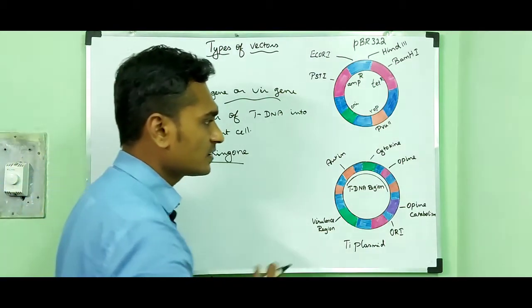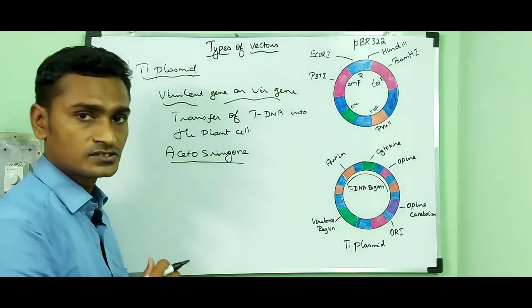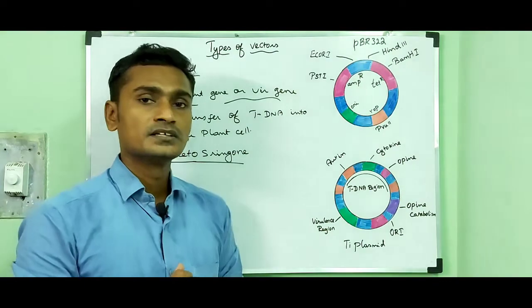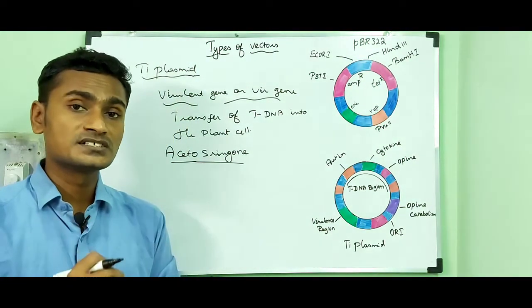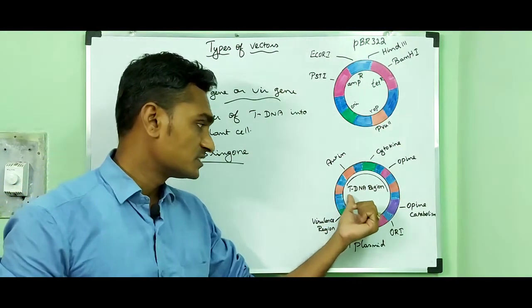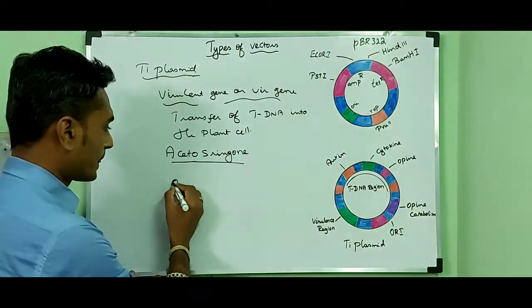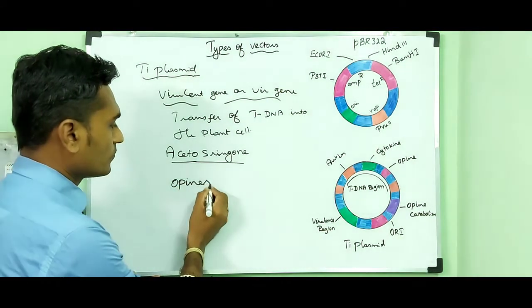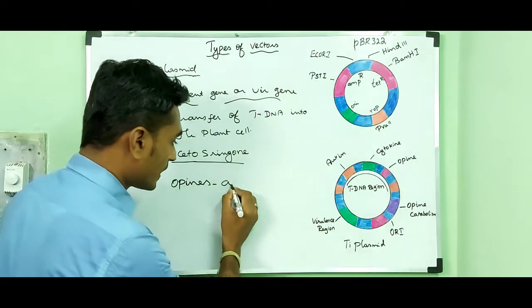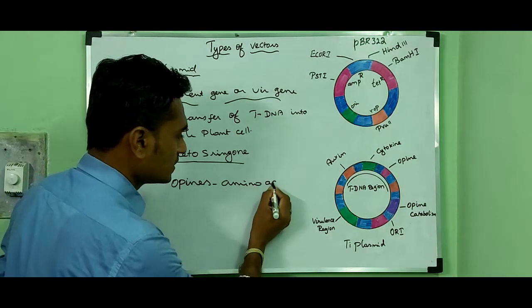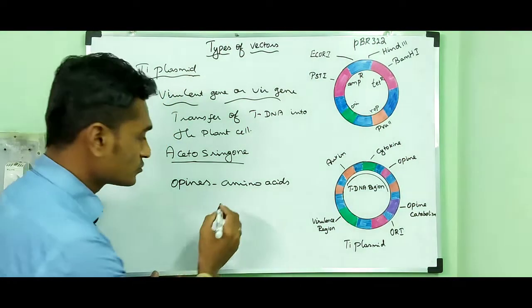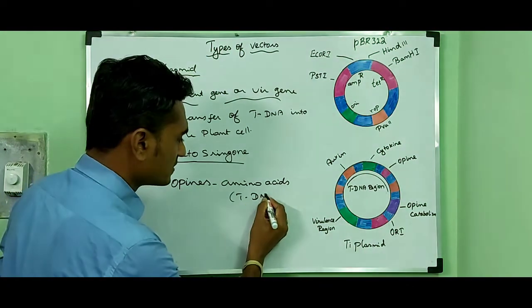Then it contains opines. Opines are nothing but derivatives of amino acids which are produced by the tDNA.